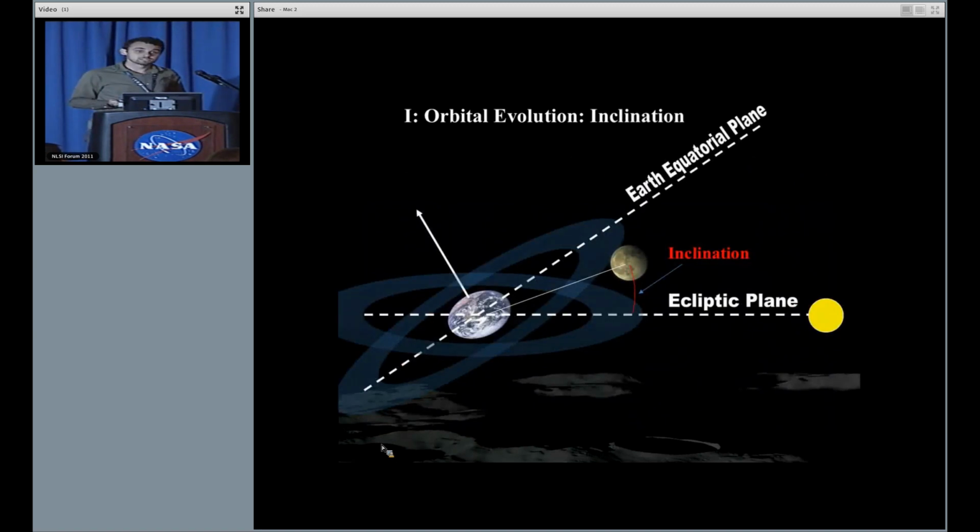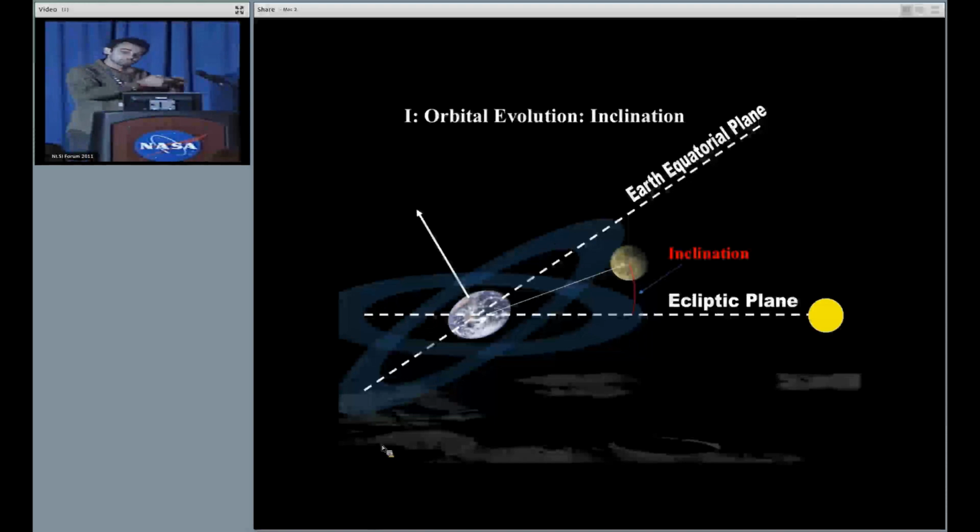So what happened with the inclination of the moon? Well, you have torques from the oblate figure of the Earth, which was more oblate early on because the Earth was spinning faster, and then you have torques from the sun. The Earth would like the moon to be precessing about the equatorial plane of the Earth, and the sun would like it to be precessing about the ecliptic plane.